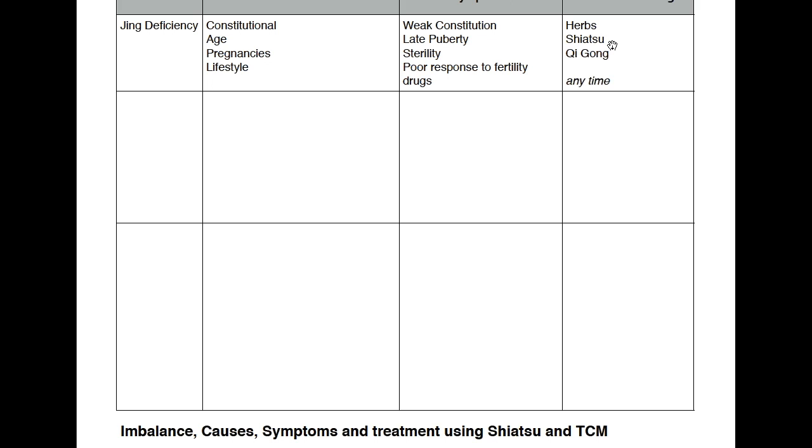I'll actually design and give Qigong exercises to my client. This can be done at any time during the menstrual cycle, and you really want to try and address it as early as possible, because it's the most difficult thing to treat, as it's the deepest thing. Okay, here we have Yin deficiency.